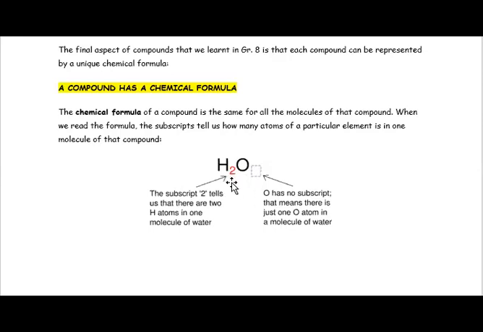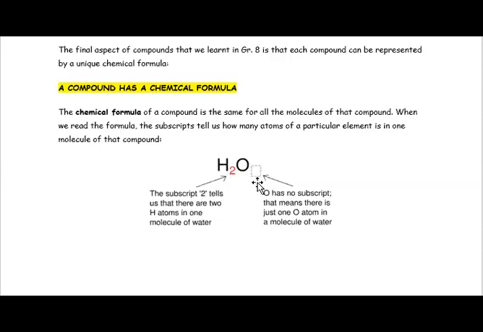And we see the 2 next to the H. Those numbers are called the subscript, right? The subscript 2 tells us there are 2 hydrogen atoms in one molecule of water, right? Remember, this entire thing is a molecule. There are only 2 hydrogen atoms in one molecule of water.